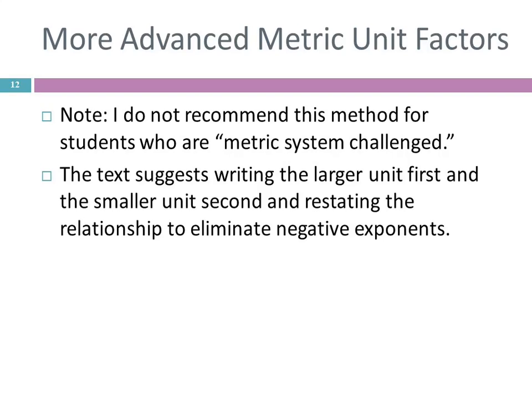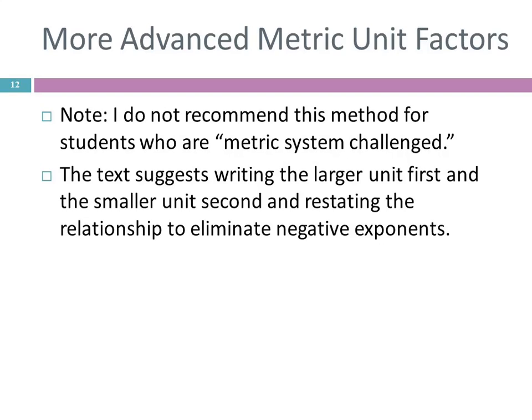Your book uses what I think of as a more advanced method, and I'm going to mention it here. I do not recommend this for students who are metric system challenged, okay? And you know who you are. For some people, the metric system just doesn't really make a lot of sense.